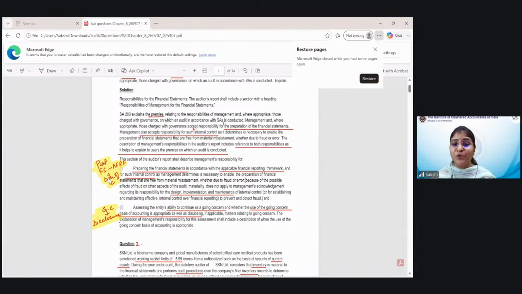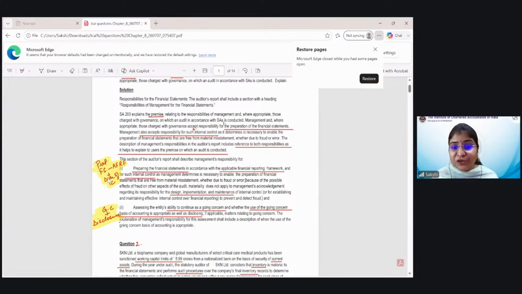Management and where appropriate TCWG, they accept the responsibility regarding what? Number 1, preparation of financial statements, and also accept responsibility for such internal control as it determines is necessary to enable the preparation of financial statements that are free from material misstatement, whether due to fraud or error.